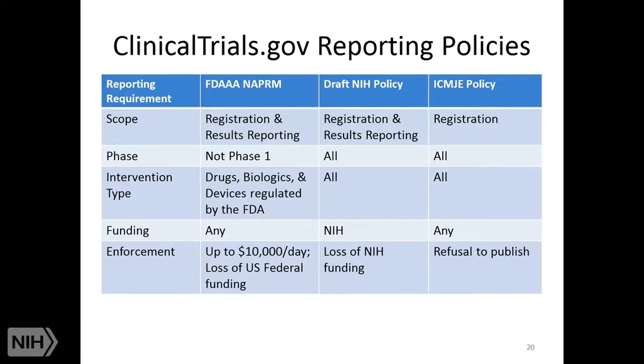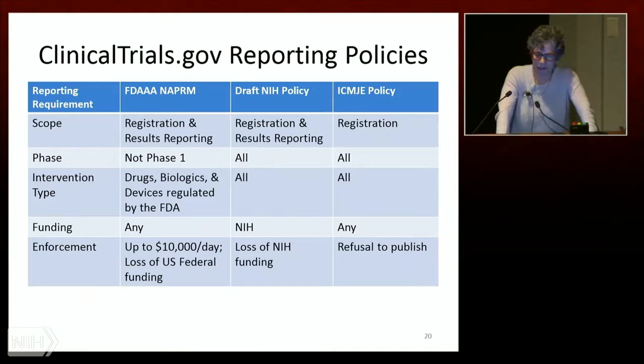So in addition, you can see on this slide, there are 3 columns, one for the ICMJE policy all the way on the right, one for FDA, which is over on the left, and then the middle is a draft NIH policy, which is expected to be finalized later this year, which also requires registration and results reporting for all clinical trials funded in whole or in part by NIH.